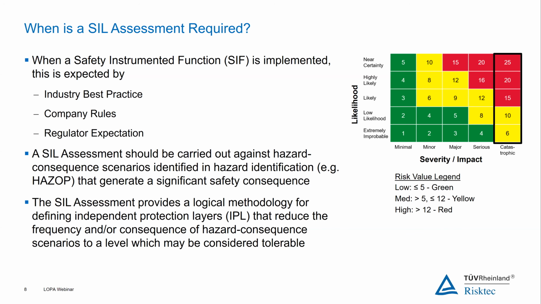Now, I say this, but you're only going to carry out SIL assessment against certain hazard consequence scenarios. These are going to be the hazard consequence scenarios that generate a significant safety consequence. So within your hazard identification exercise, this is inherently going to drive you to doing some form of risk ranking. Now you can see on the right-hand side, we've got a risk matrix there.